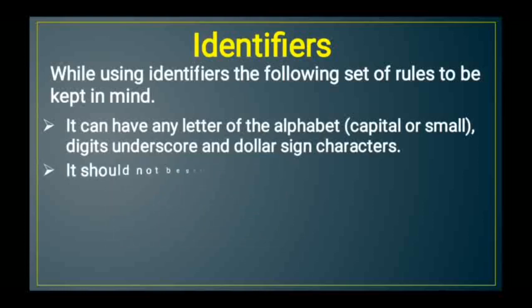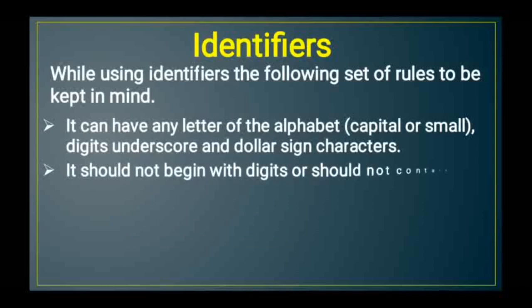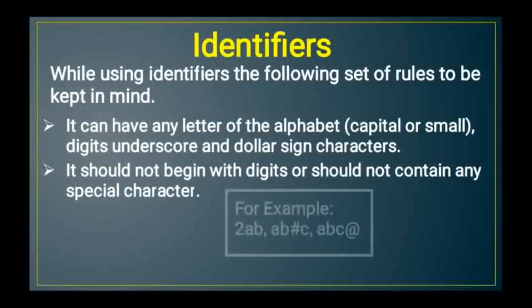The next point: it should not begin with a digit or contain any special character. For example, 2AB. This identifier name starts with a digit, so this is not a valid identifier. AB#C, ABC@, here I am using hash and at the rate, so this is not a valid identifier.